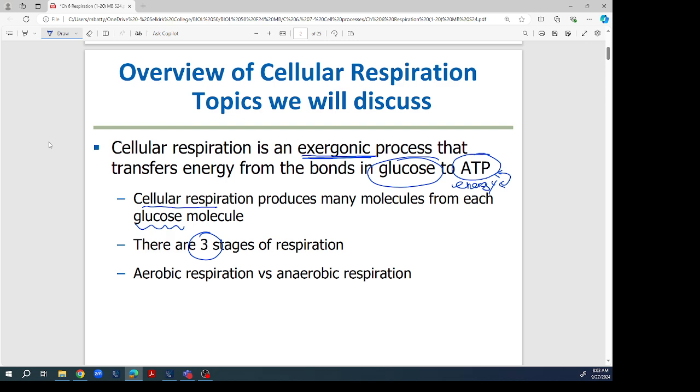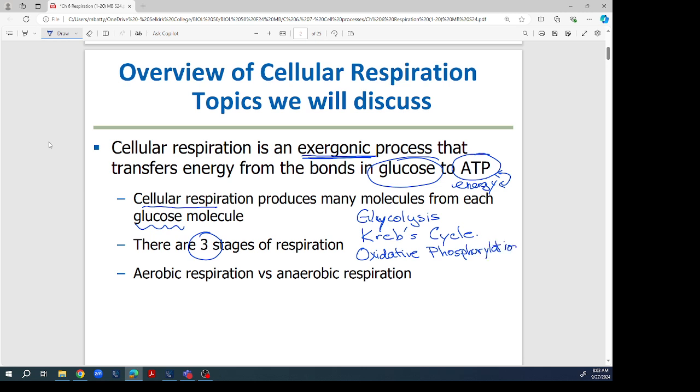The 3 stages, you may have summarized before: glycolysis, the Krebs cycle, or you might know it as the citric acid cycle. And then the last one, the longest word, the one that I always say as many times as possible: oxidative phosphorylation.